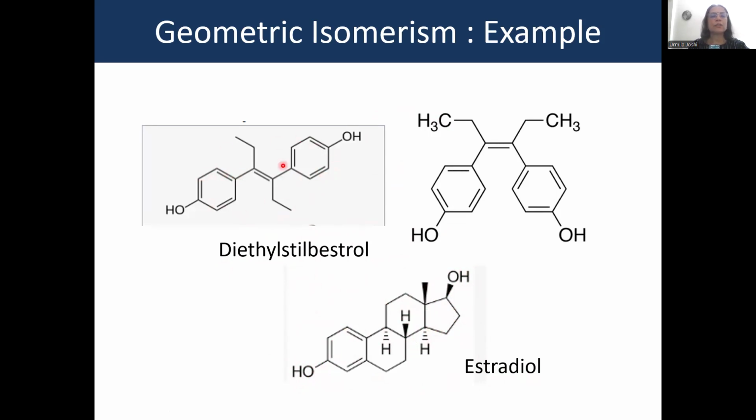Similarly, diethylstilbestrol, the two OH groups are attached to ring systems or open chain systems which cannot rotate easily. And so the distance between two OH groups in trans diethylstilbestrol is same as that of estradiol. In case of cis diethylstilbestrol, the distance between two OH group changes, and therefore the receptor binding changes, and this results in cis diethylstilbestrol being inactive.